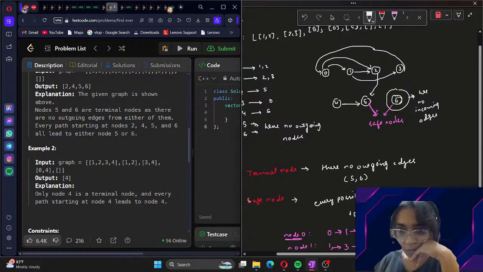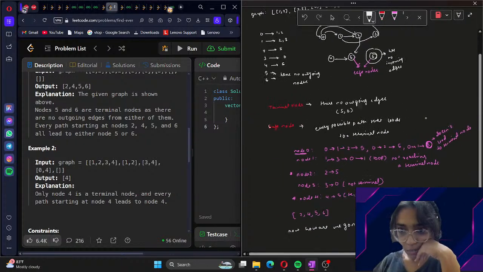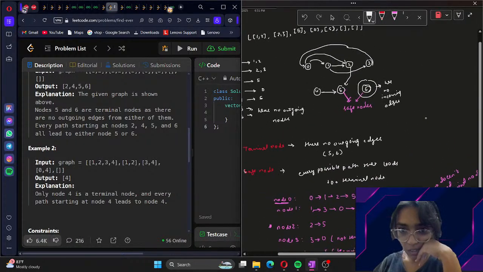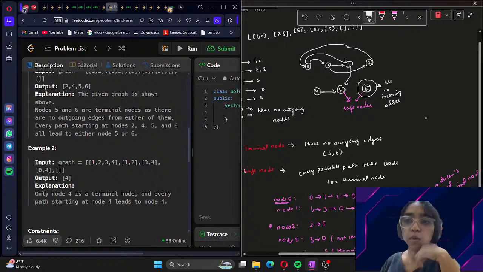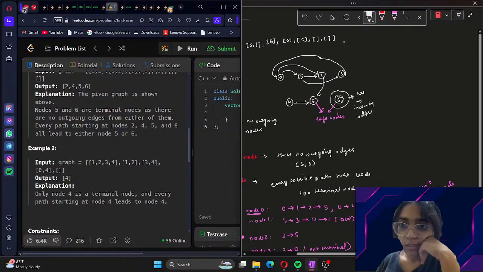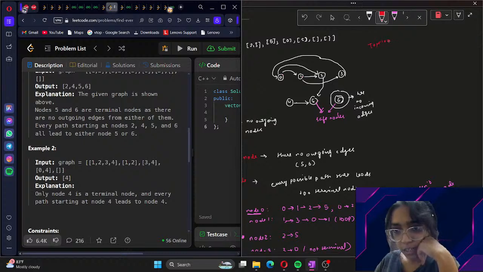I think we are supposed to use the topology concept, but I don't quite understand how we are going to use it. So for explaining, let me tell you what exactly the topology topic is.